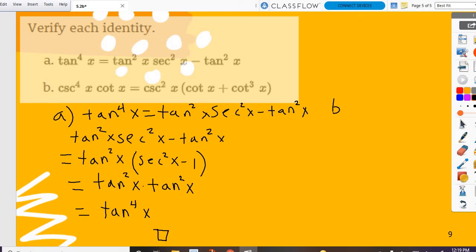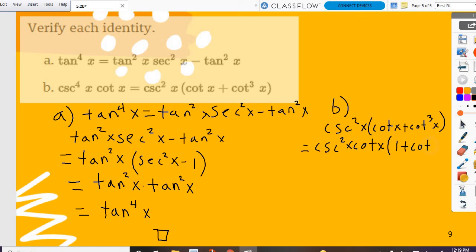So on part B, if we start with the right side, how many cotangents can we factor out? 1. Just 1 in this case. And what are we left with? 1 plus cotangent squared.